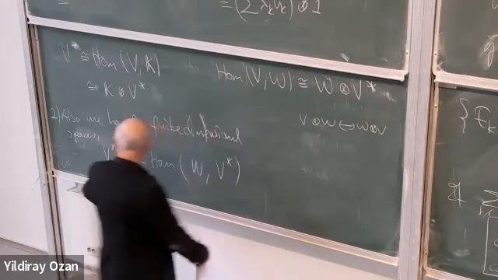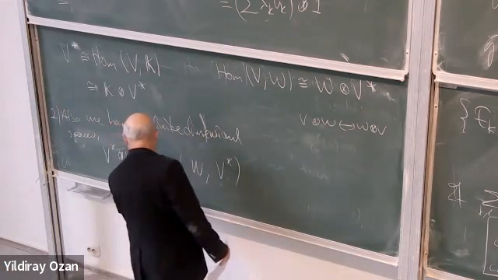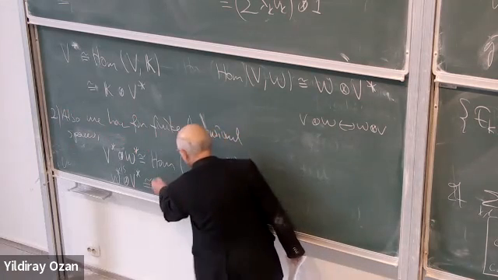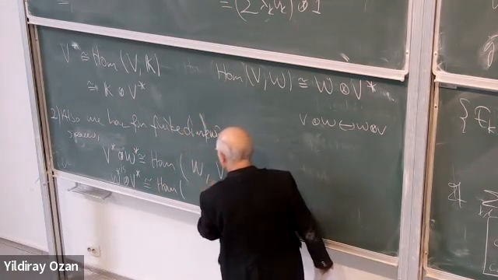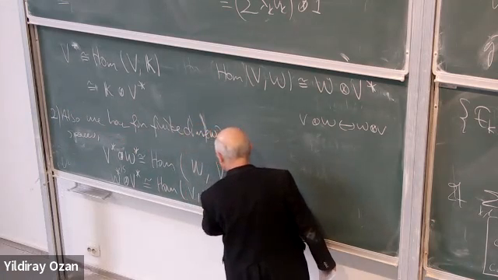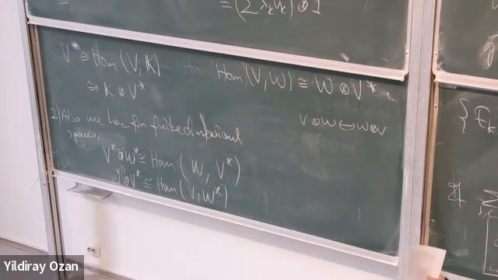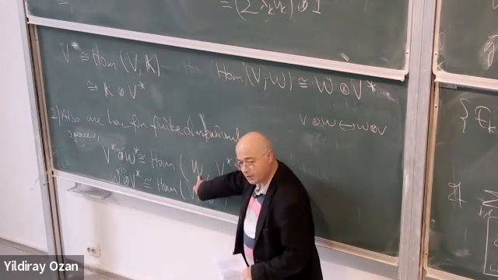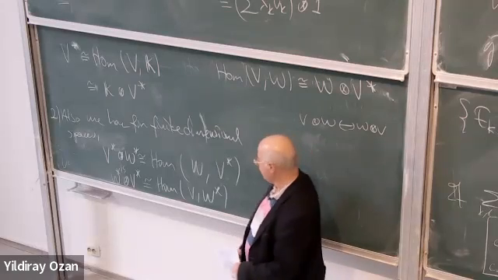So these things are all canonically isomorphic. Homomorphism is from V to W star or from W to V star.